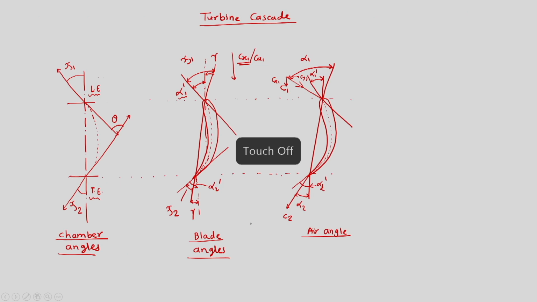We can see this. This is the tangent at the leading edge, this is the tangent at the trailing edge. Both the tangents meet at theta, which is the tangent angle. The chord line is a straight line joining the leading edge and trailing edge. This straight line makes an angle chi 1 with the tangent to the camber line at the inlet, and chi 2 with the tangent at the outlet.